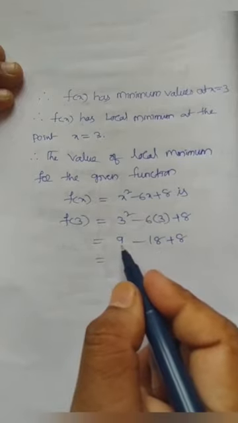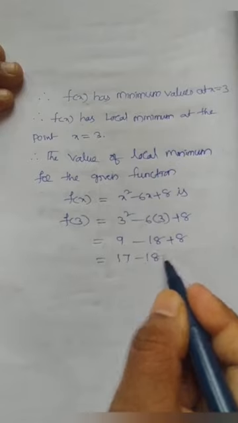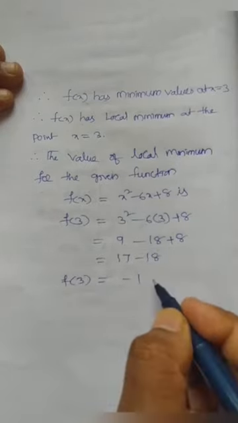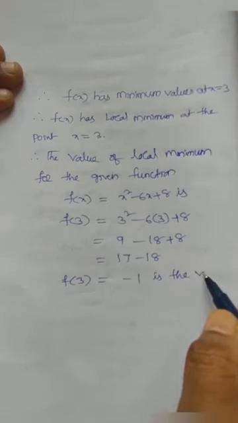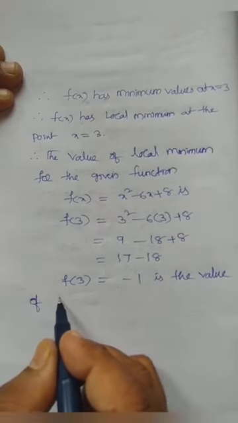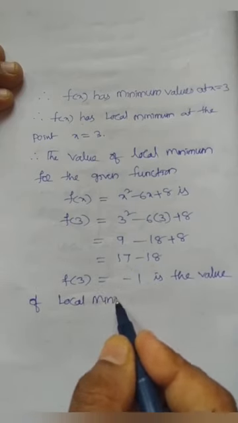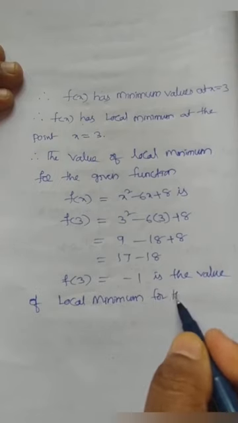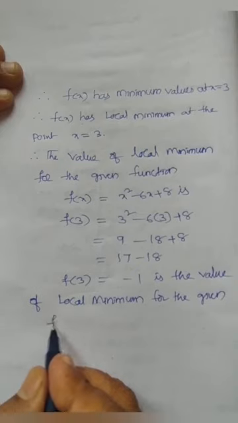So 9 plus 8 is 17, minus 18, that is equal to minus 1, is the value of local minimum for the given function.